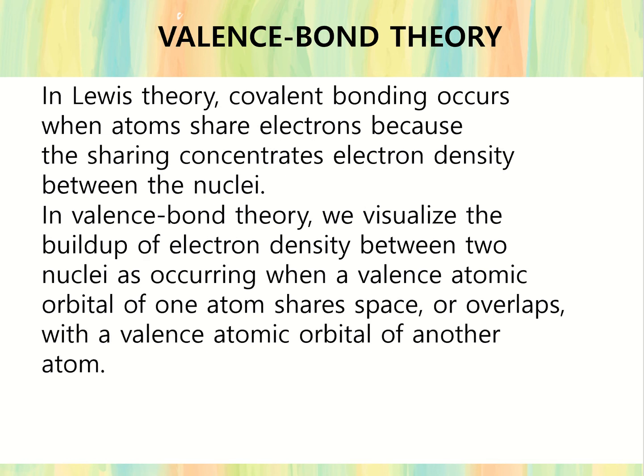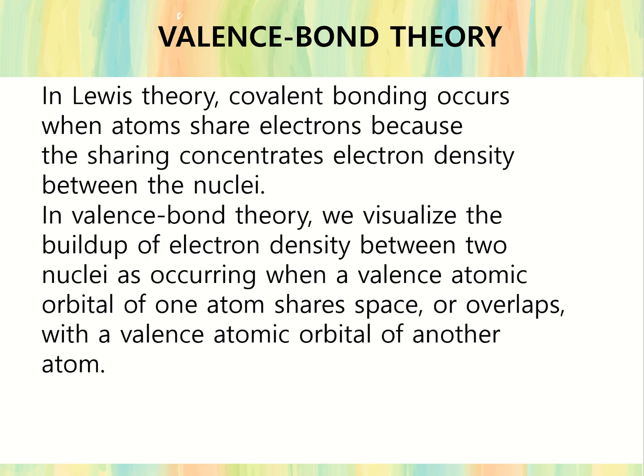And so in valence bond theory, we actually visualize the buildup of electron density between two nuclei as occurring when a valence atomic orbital of one atom shares space and overlaps with a valence atomic orbital of another atom. All right, so don't worry if it's not very clear right now.